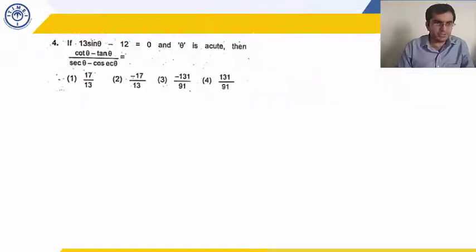Okay, next question. Question number 4. If 13 sine theta minus 12 is 0 and theta is acute, then find the value of... okay, take 30 seconds.